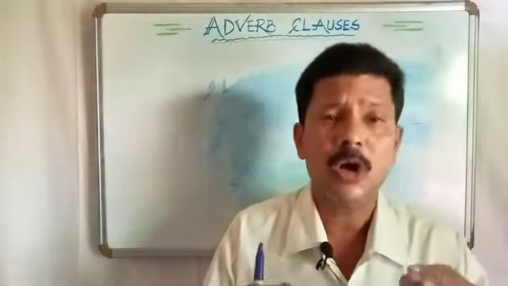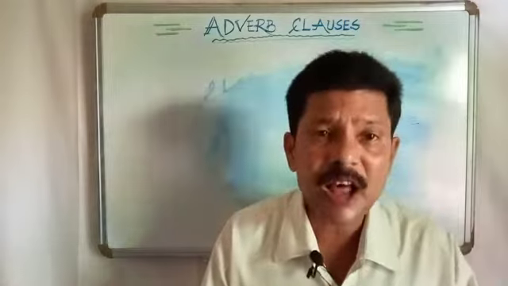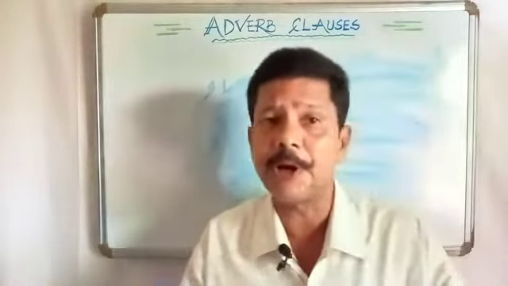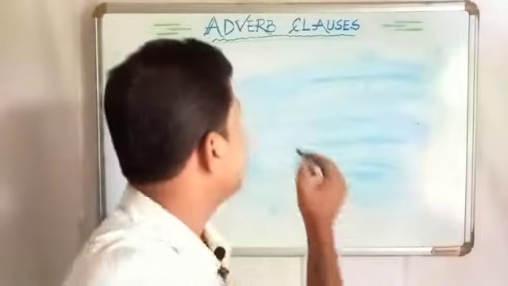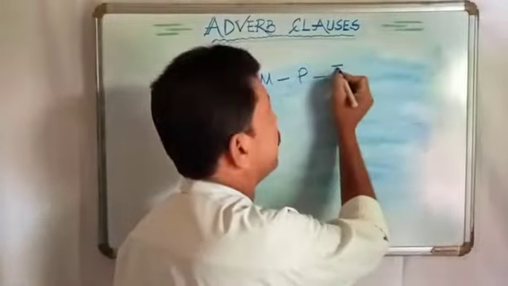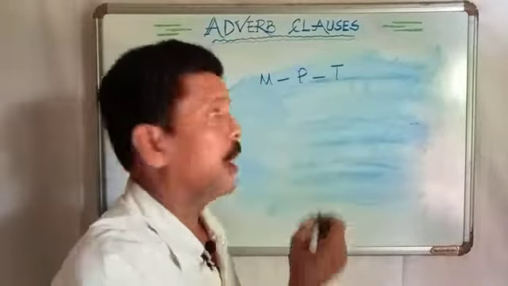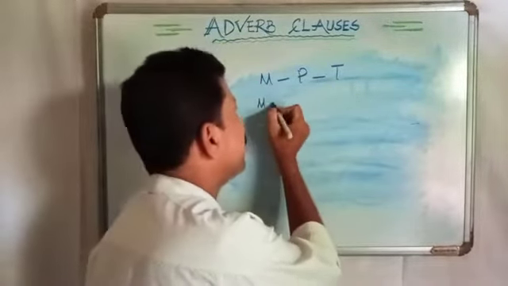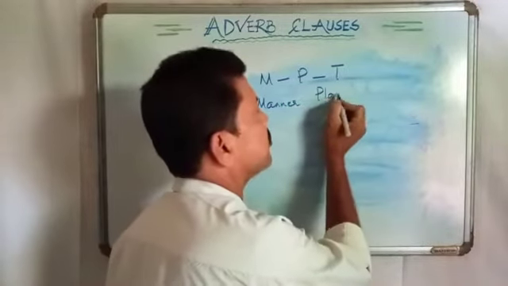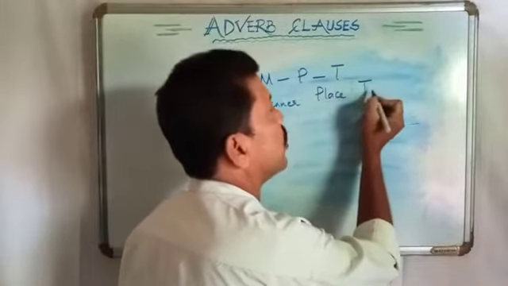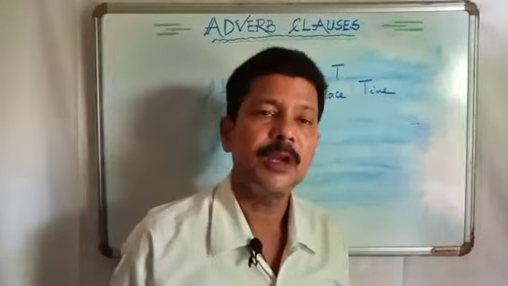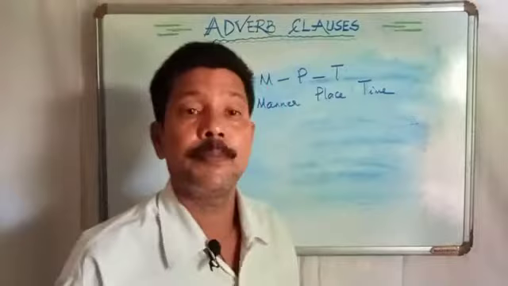So, the common pattern or general structure of an adverb is MPT. M stands for manner, P stands for place, and T stands for type. Manner, place, type. It is the common form.